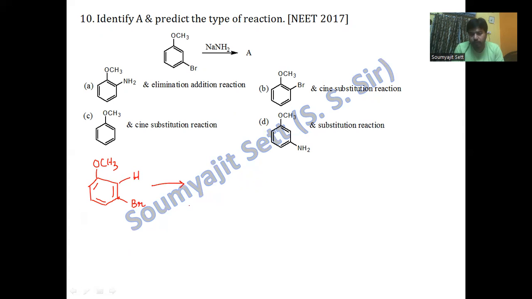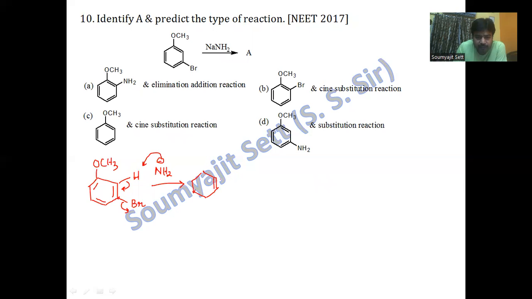The hydrogen, which is flanked between two electron withdrawing groups, will be abstracted first by the strong base sodamide, that is NH2 minus. And this Br will be eliminated.